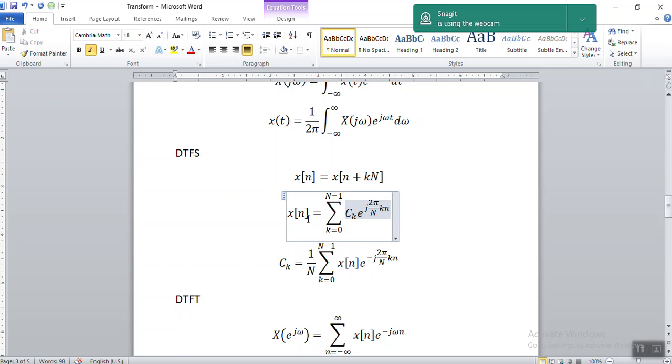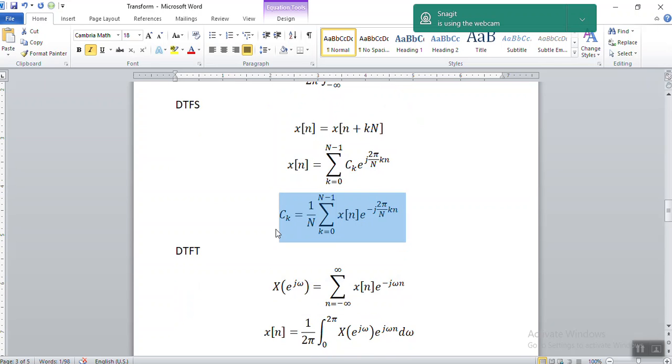Okay. Now, if we multiply both sides of this equation by e to the power minus j 2 pi by N into k n and do the summation for all n, then you will get this c k. This c k is the Fourier series coefficient for the discrete time Fourier series expansion of this x of n.